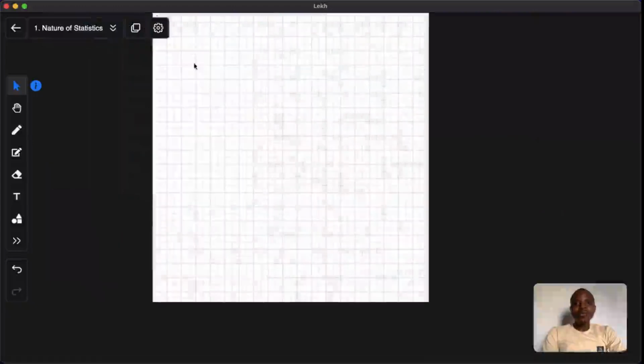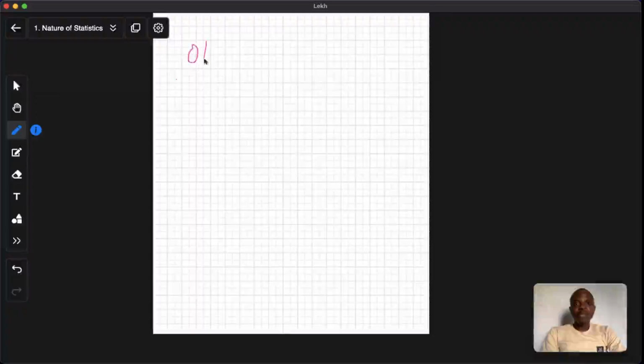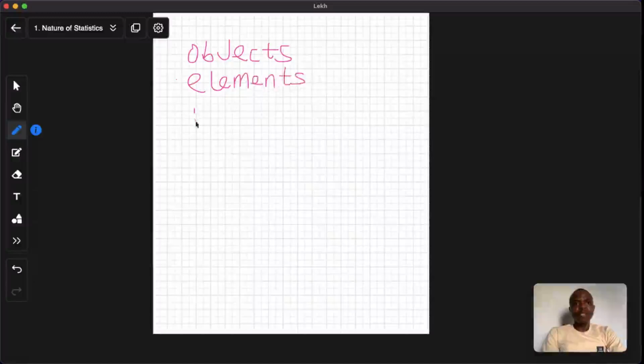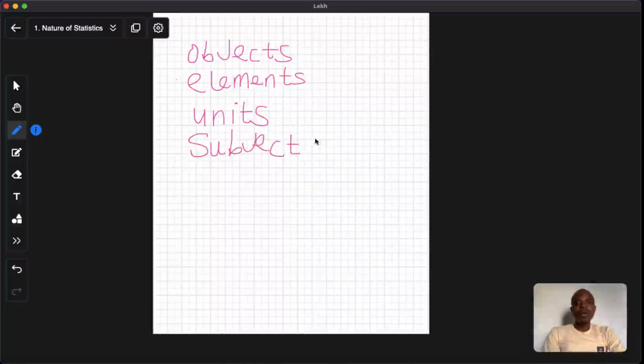You may refer to the units in your population as objects, as elements, as units, and sometimes as subjects, when it is appropriate. So what are the objects?